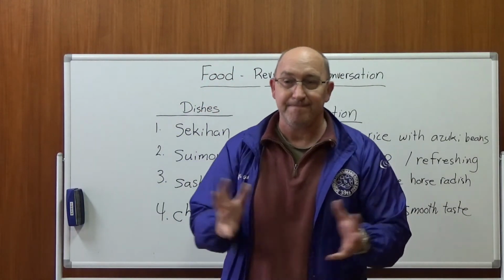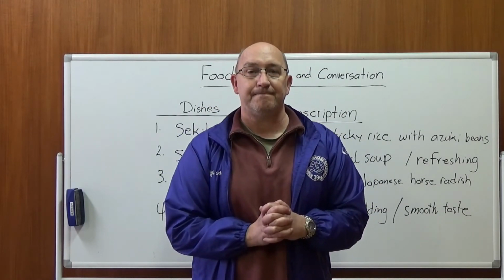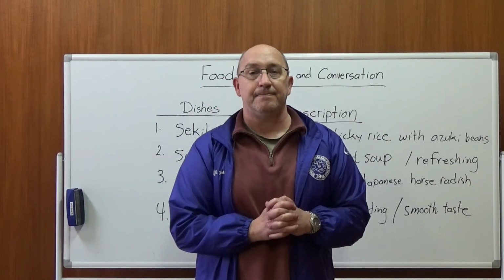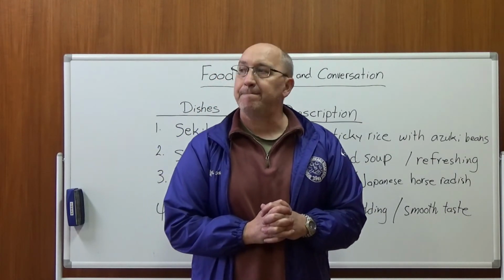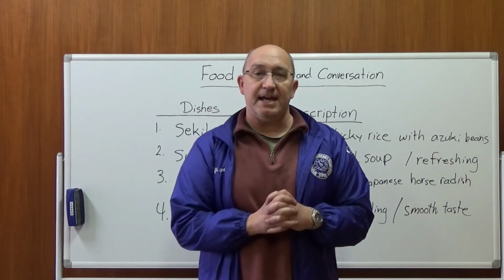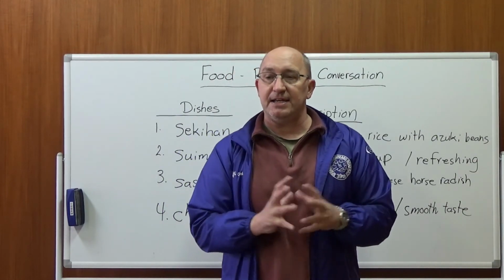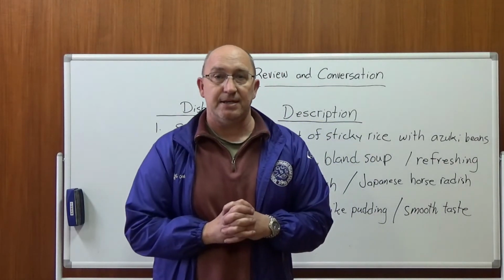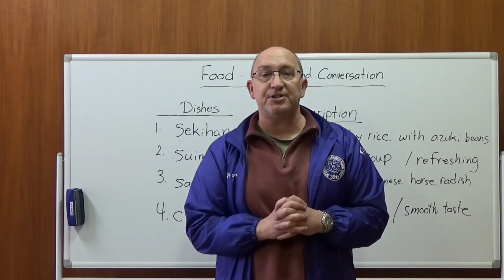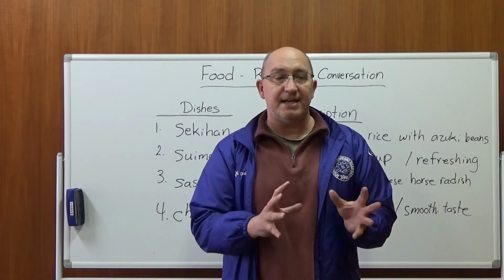Okay? Let's try. Hey Gregg, let's go out to eat. Okay. What do you feel like? It's my birthday, so what do you recommend? Birthday. How about sekihan and suimono? What's that? Sekihan is a kind of sticky rice with azuki beans. It's served on special occasions. And suimono is a clear, bland soup.